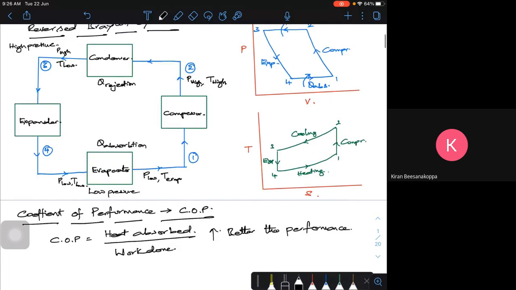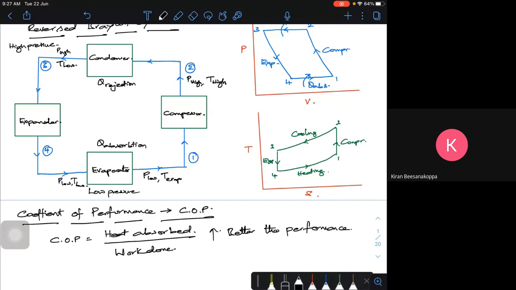If you look at it, I have a compressor and an expander. So the difference between the work done by the compressor and the expander will give the net work. Take WC as the work done by the compressor and WE as the work done by the expander.